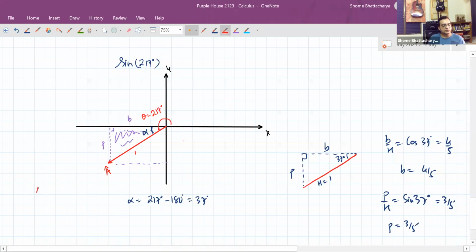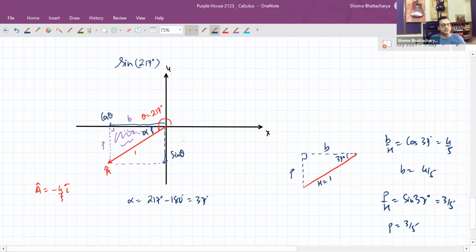So this unit vector should be how much? Now see, the base is lying along which direction? Negative x-axis. So it should be minus 4 by 5 i cap. And the perpendicular is lying in which direction? The negative y-axis. So this is its sine theta and this is its cos theta. They should come with the algebraic sign.